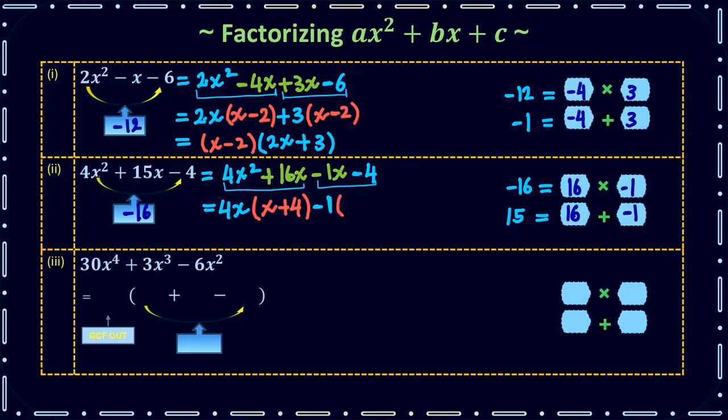Once you do that, both terms become positive. We end up with x plus 4. Just like the last problem, x plus 4 appears in both groups, so we're going to take it out.